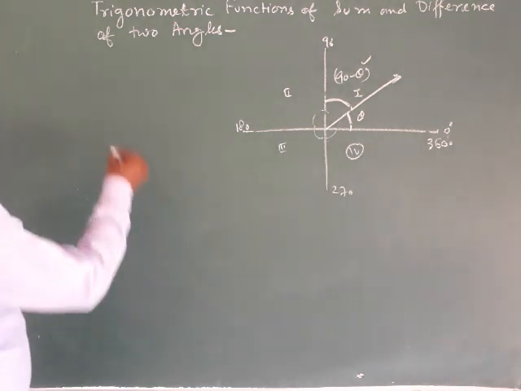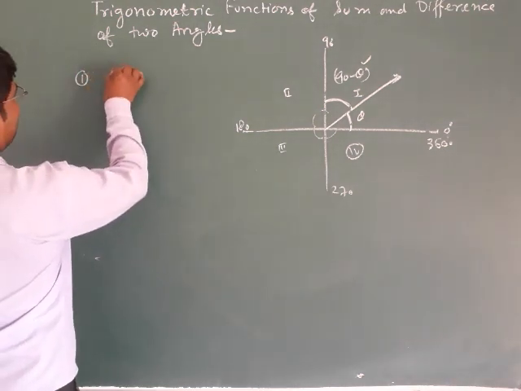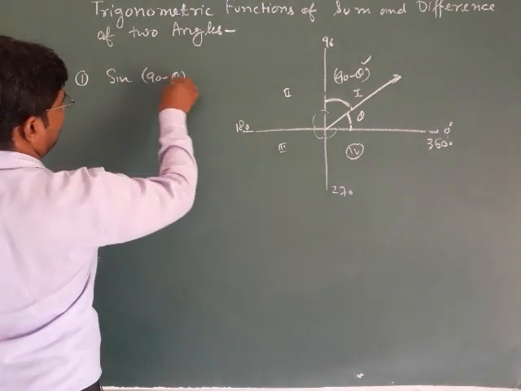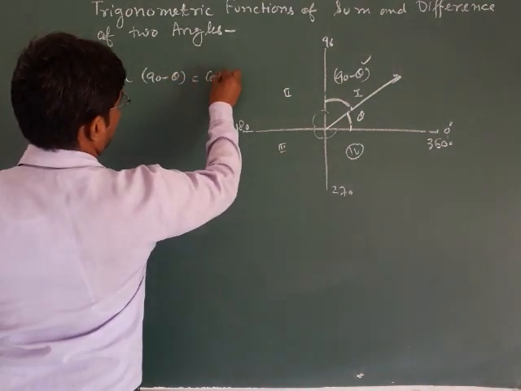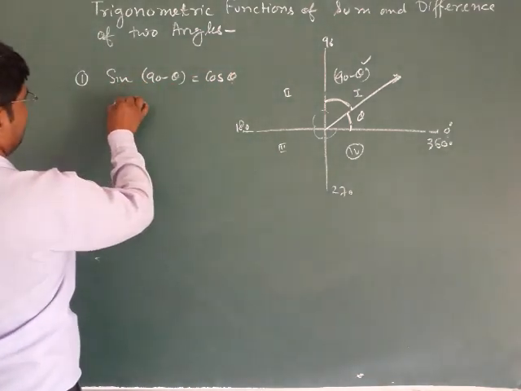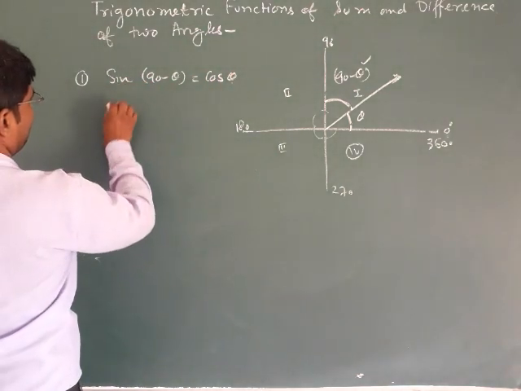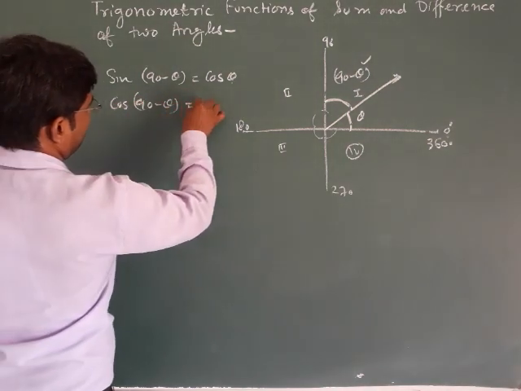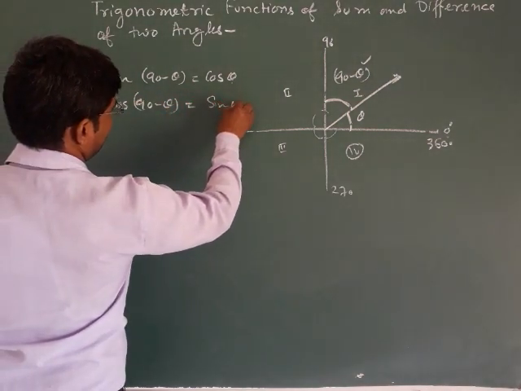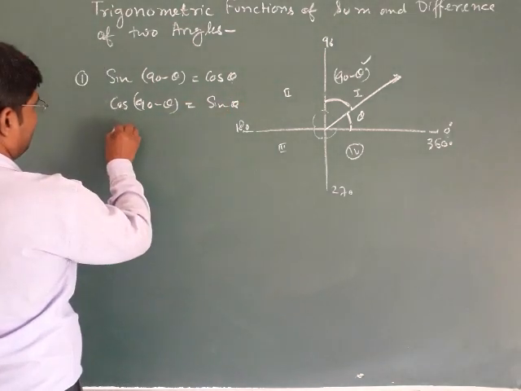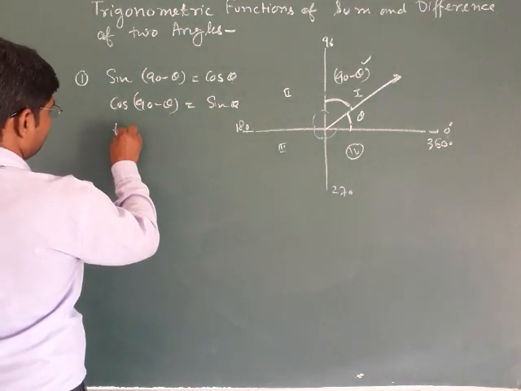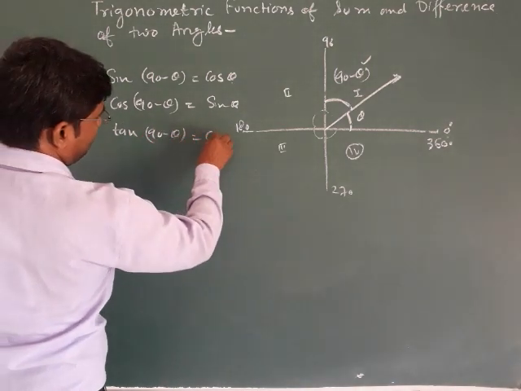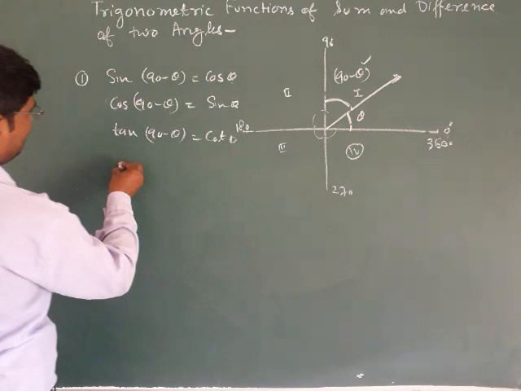Trigonometric angles: first, sine of 90 minus theta is cos theta. Cos of 90 minus theta is sine theta. Tan of 90 minus theta is cot theta.